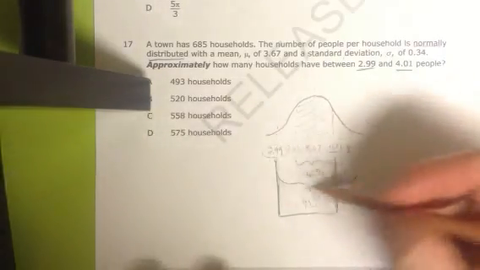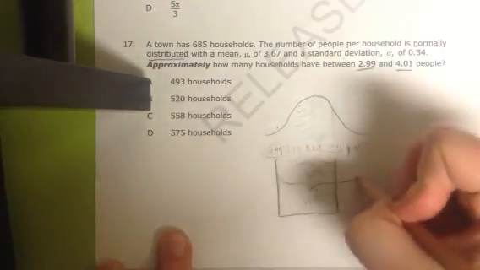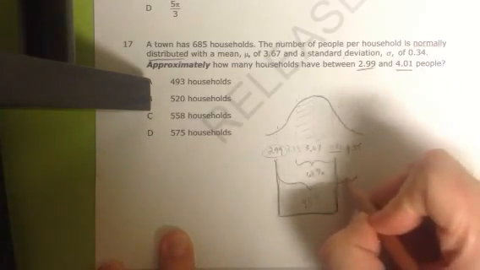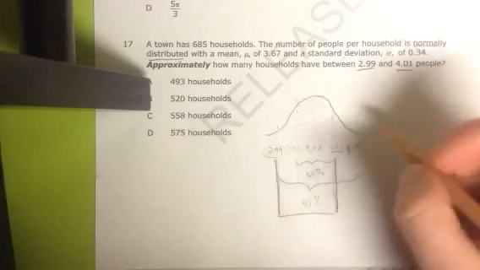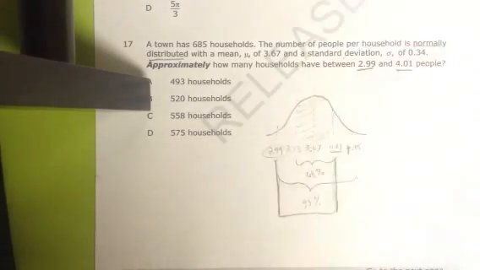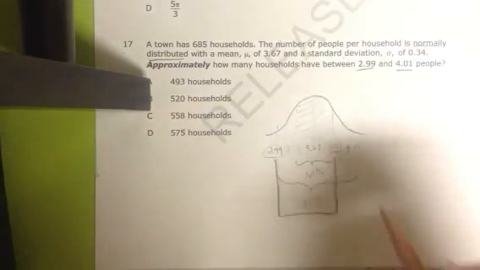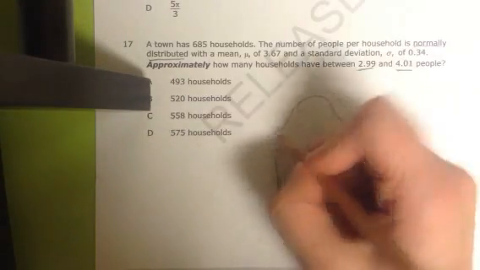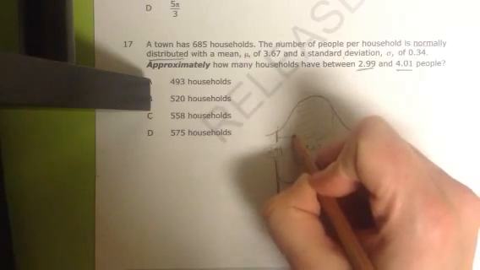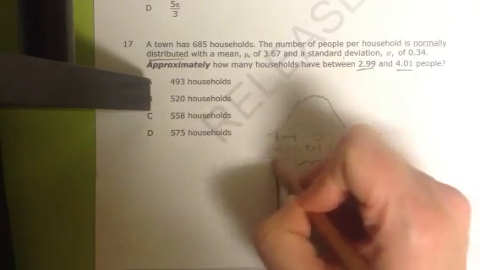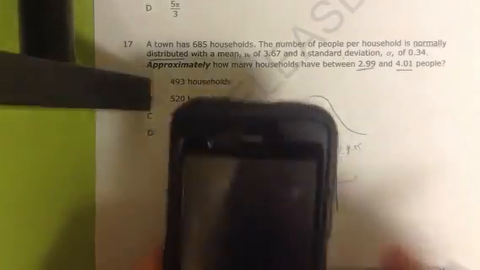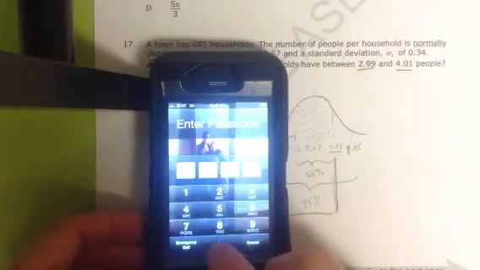If you just look at it picture-wise, from here to here is 95%, and what we really want to know is what's in this little chunk right in here. If we only knew what percentage was in this little space, we would know how much extra that would be, right?